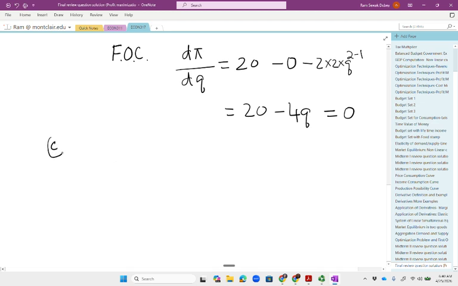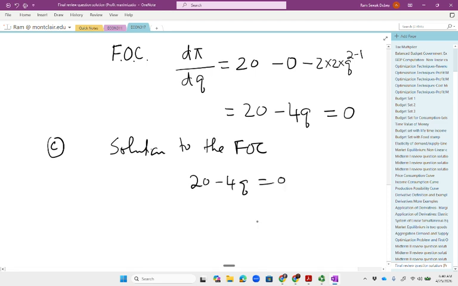Now I go to part C. We would like to solve the first order condition. So the solution to the FOC: 20 minus 4q equal to 0. I can move the negative 4q from the left to the right hand side. It will go as positive.